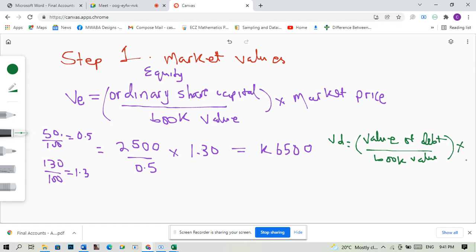Okay, market price of the debt. So I'll just abbreviate it here. I'll just write MKT, market price of the debt.